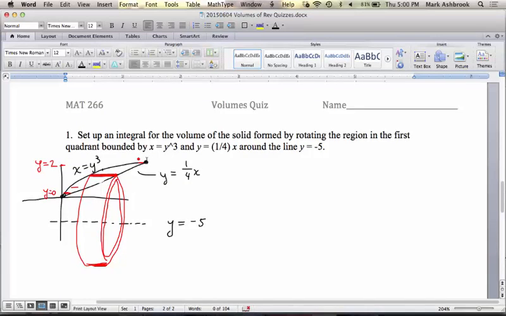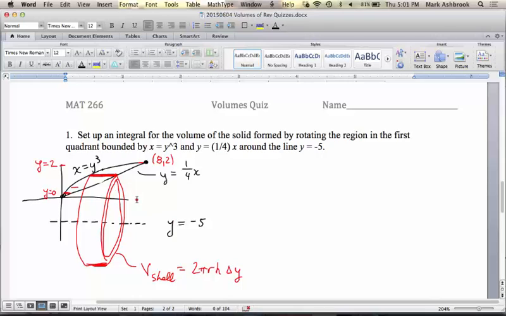This is the point 8, 2. So if we do shells, the first one will be 0 up to 2. Okay, so then our volume of a typical shell is the circumference, 2 pi r, times the height of the shell this way, and we're going to have delta y.